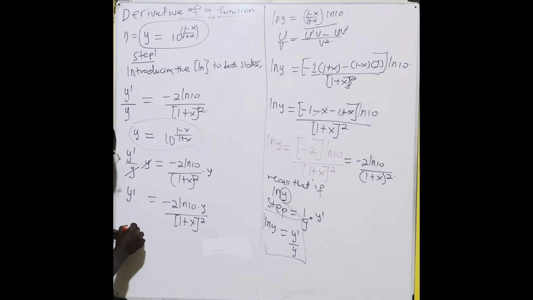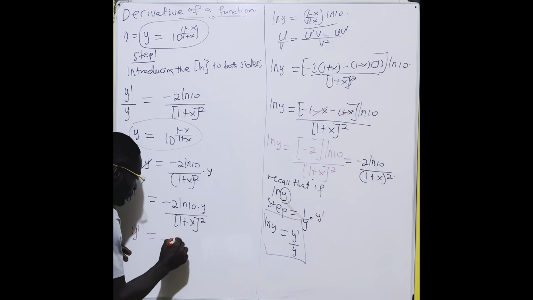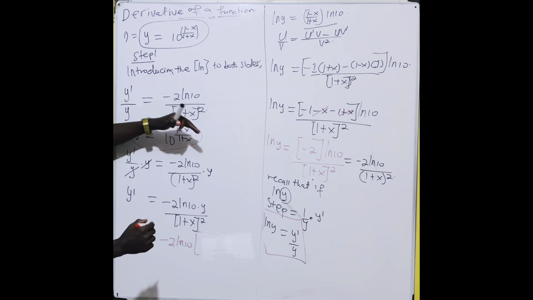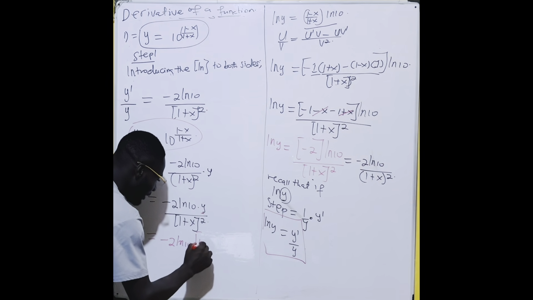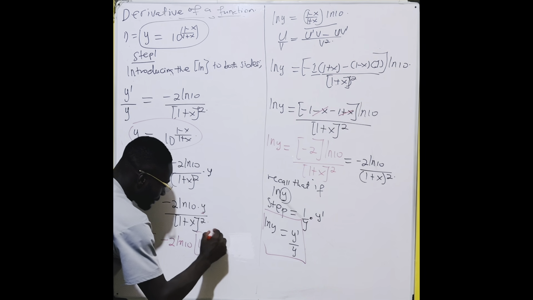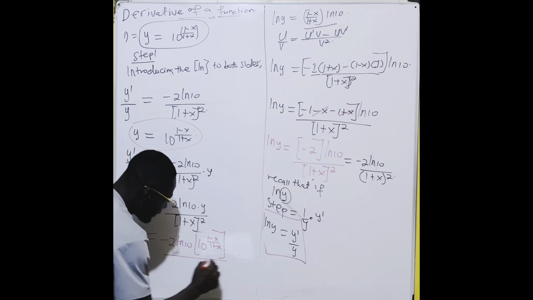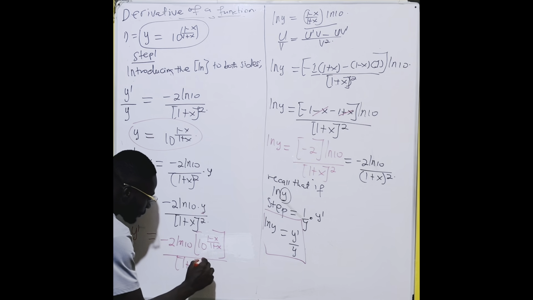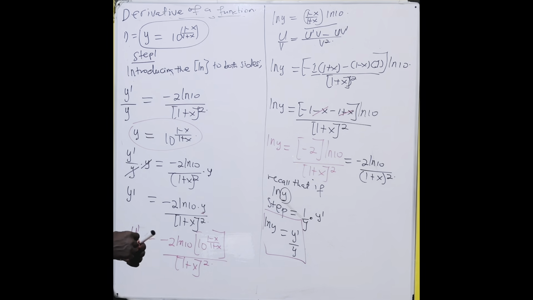So we're going to have y prime is equal to -2 ln 10 times y, which is 10 to the power (1 minus x) divided by (1 plus x), all divided by (1 plus x) all squared. Okay, so this becomes our final answer to the problem that was given, right?